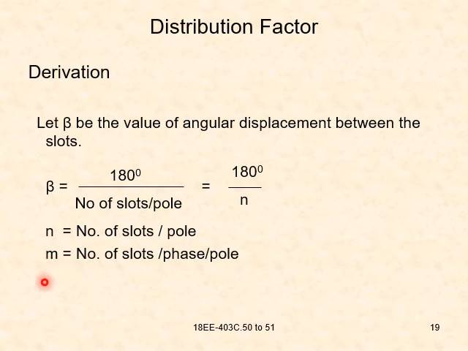There is also m over here, where m is the number of slots per phase per pole, and m into beta is the phase spread angle.